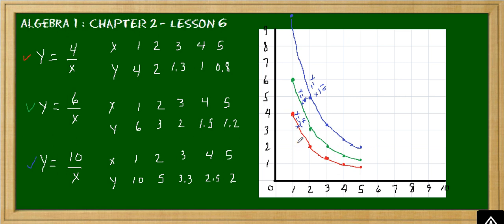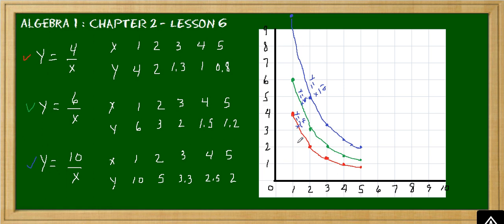So we have 3. Now, what are the constants of variation for these functions? Well, we can see that it's 4, it's 6, and it's 10. So for A it's 4, for B it's 6, and for C it's 10. Okay. And how are the constants of variation related to the distances of the curves from the origin?